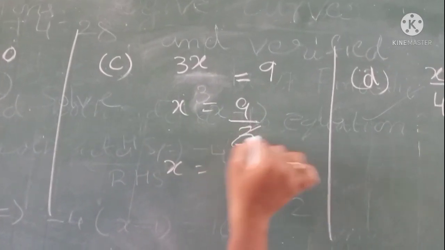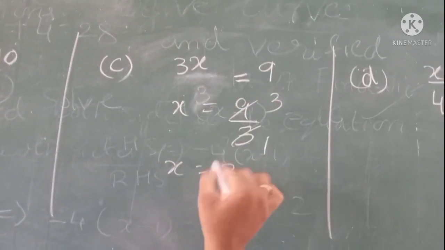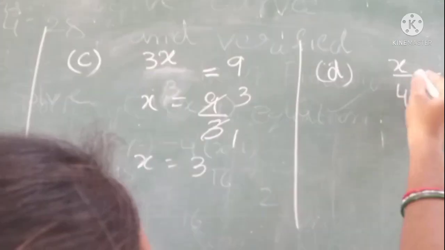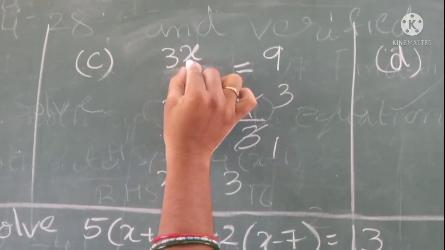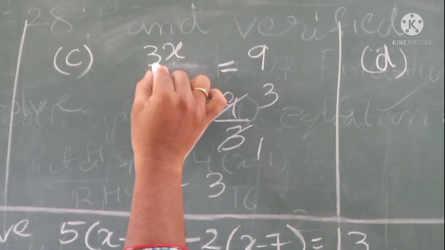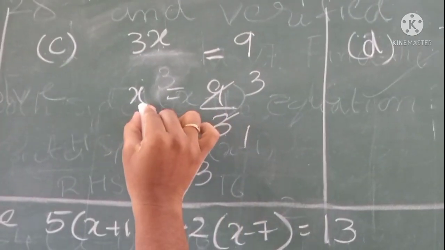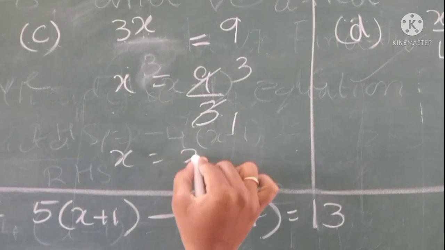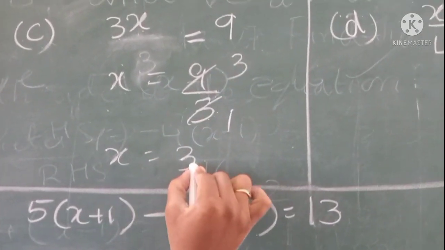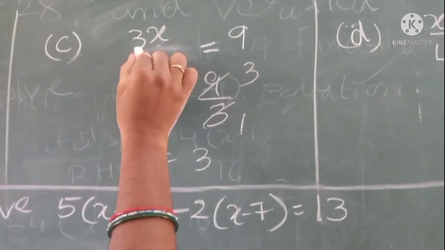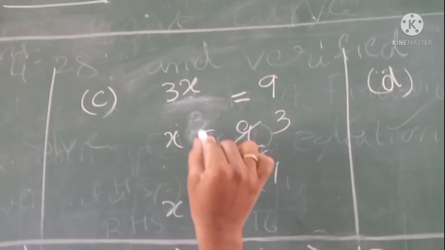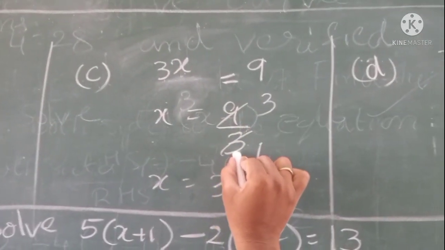So x equals 9 by 3. 3 ones are 3, 3 threes are 9. So x equals 3. 3 is multiplied, but when it moves to the other side it becomes division.